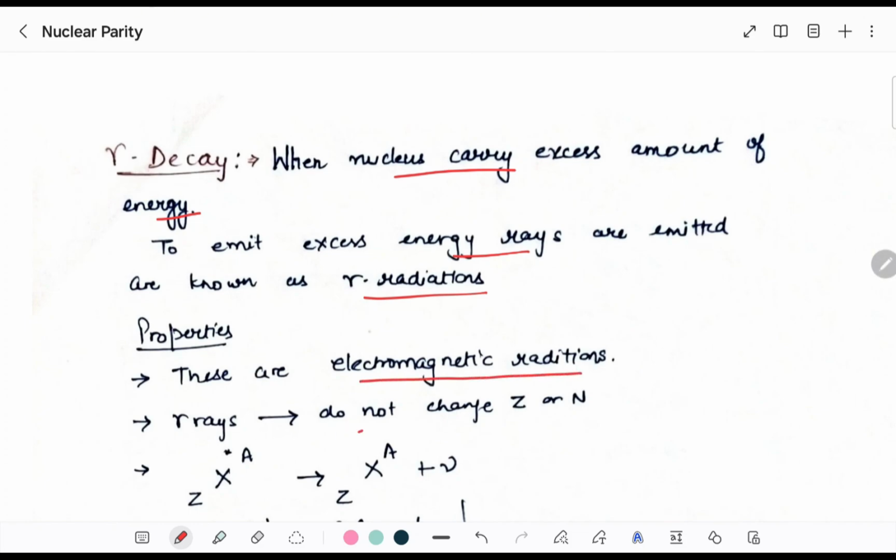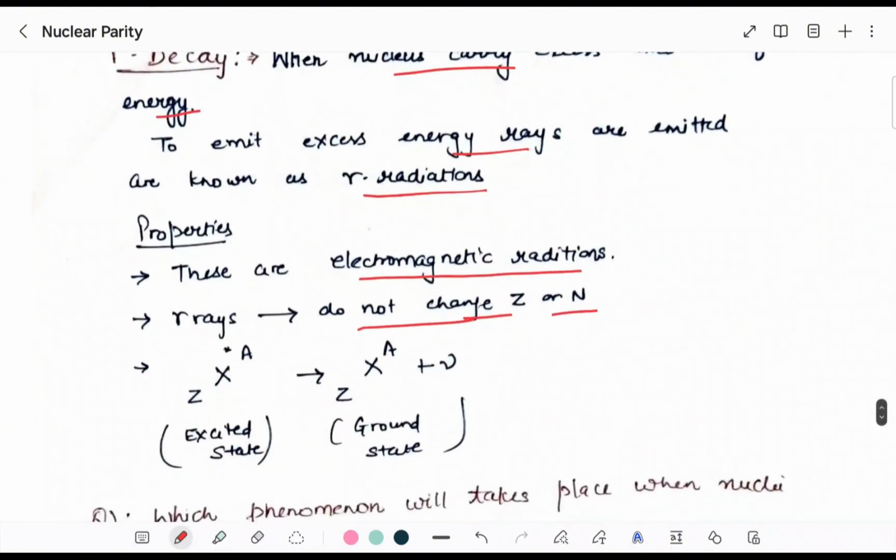Gamma rays do not change Z or N. When gamma rays are emitted, the atomic number remains the same and the number of neutrons remains the same, but the nucleus goes from an excited state to the ground state with the emission of some energy. What is actually happening inside gamma decay? Excited state nuclei convert into ground state nuclei with the emission of some energy.